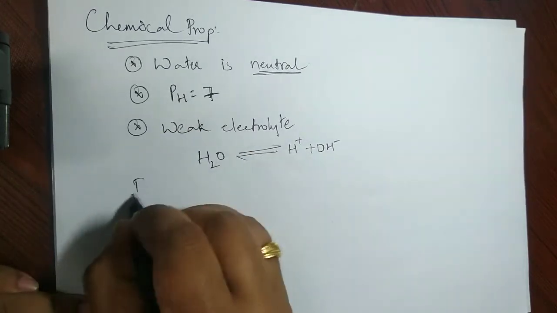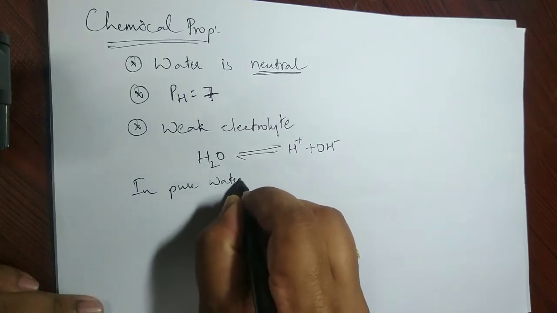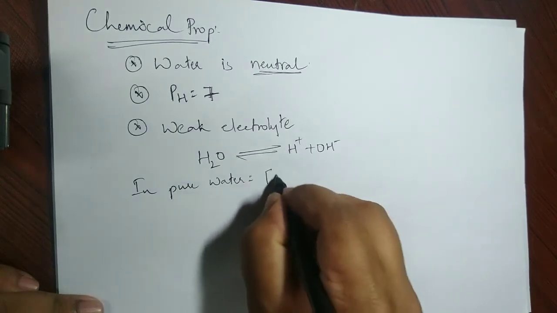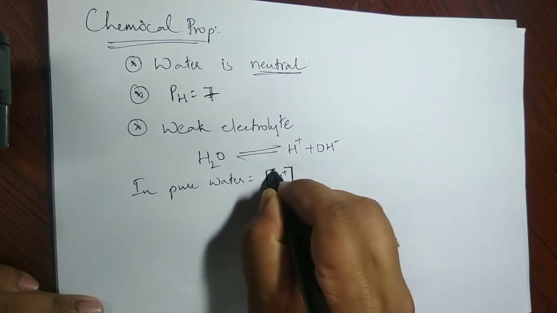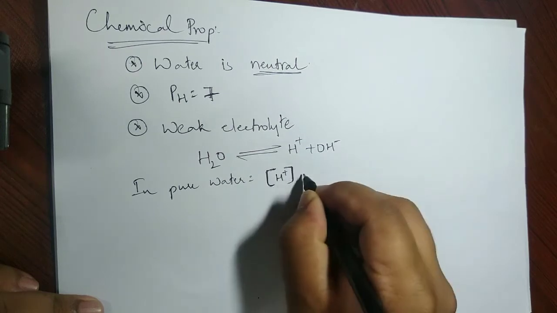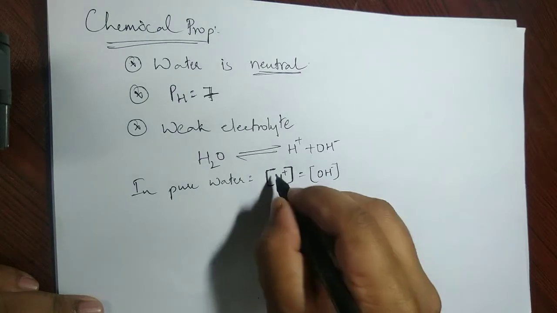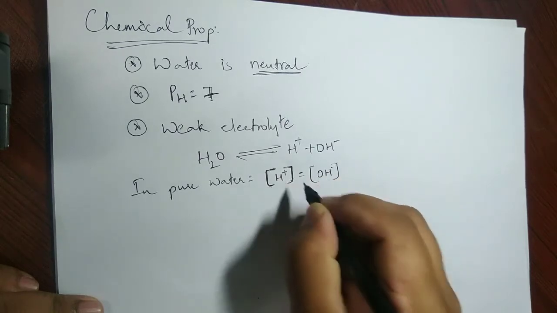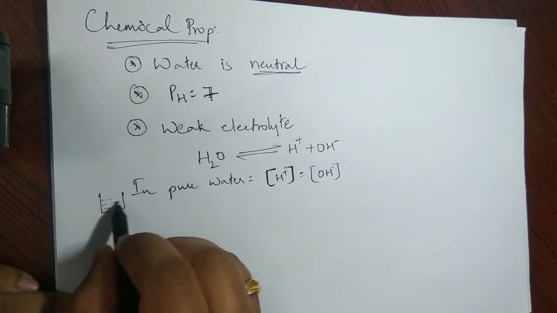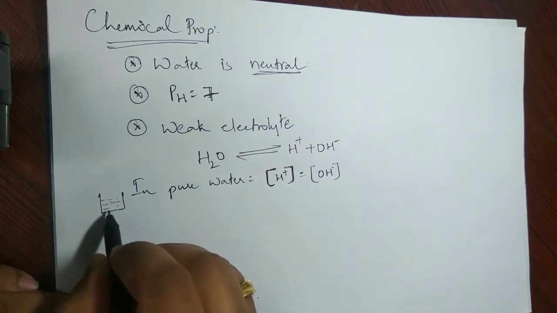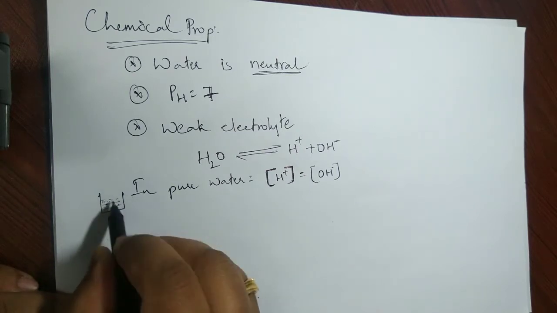In pure water, this thing you need to remember: the concentration of H plus, which we represent with brackets, is equal to the concentration of OH minus. What is the meaning of this? It represents concentration. If you take a beaker of pure water, the number of H plus ions is the same as the number of OH minus ions.